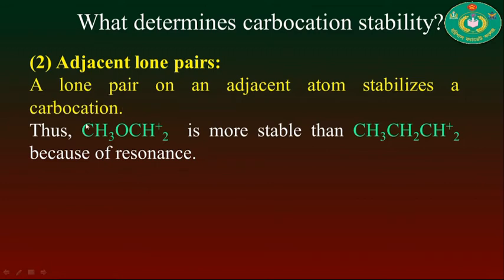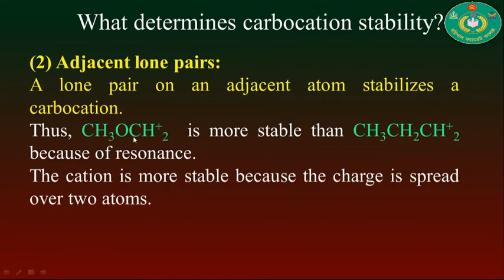So in the first example, the lone pair electrons from the oxygen atom shift to the positive charge, and the positive charge on the carbon atom can be easily neutralized here, and as a result a positive charge appears on the oxygen atom.